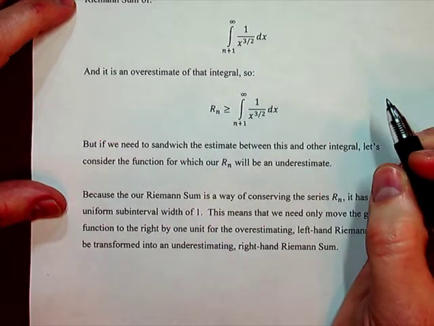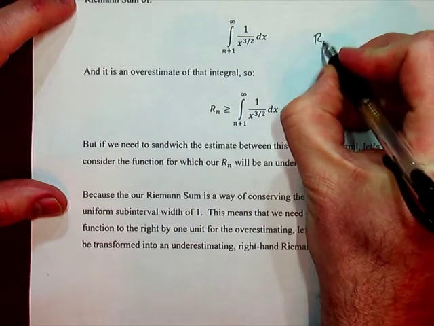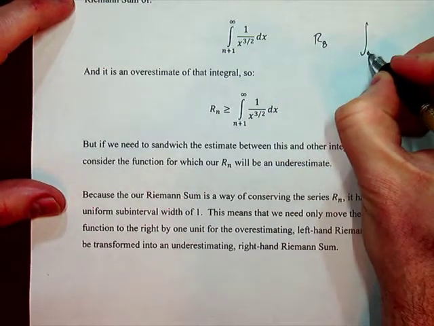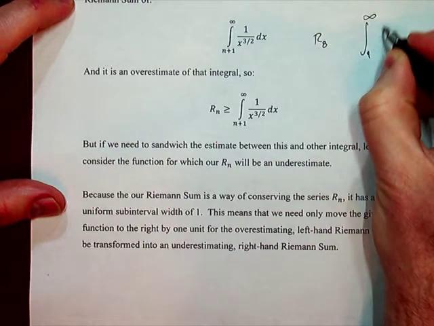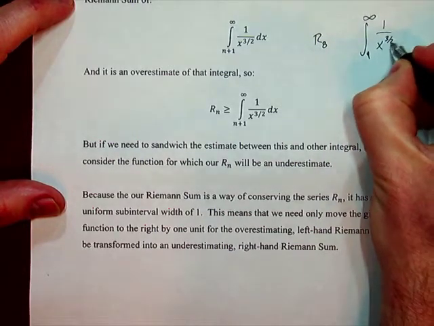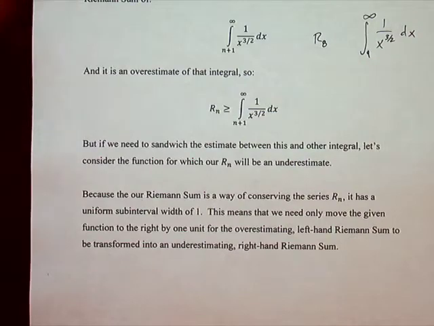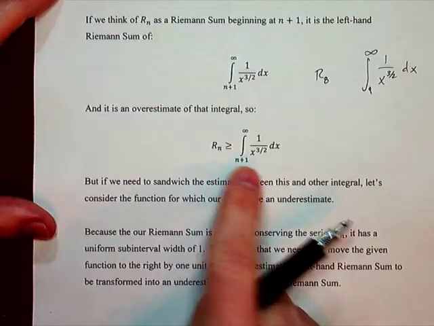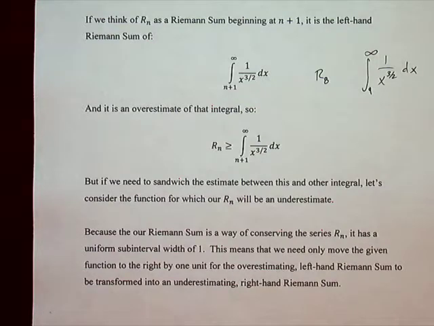So if we were to say R sub 8 has some relationship to the integral from 9 to infinity of 1 over x to the 3/2 dx, what is that relationship? Well, that relationship is right here, okay? Because you know that if it is a decreasing function over that interval, a left-hand Riemann sum is going to be an overestimate.